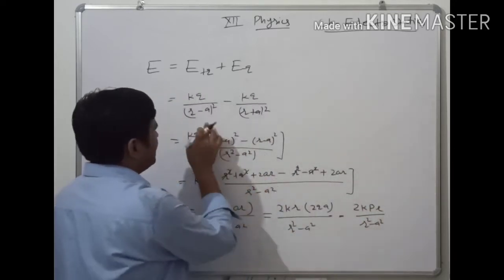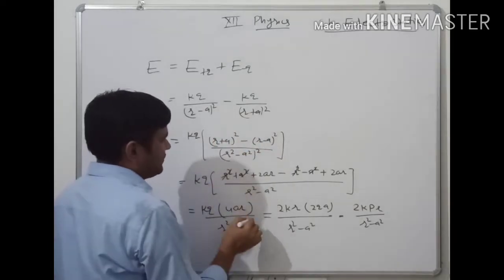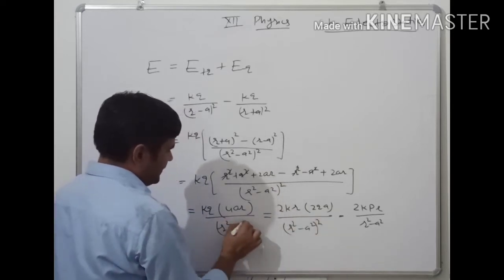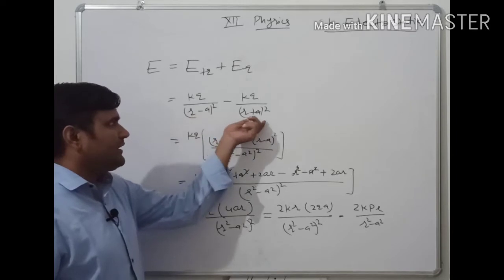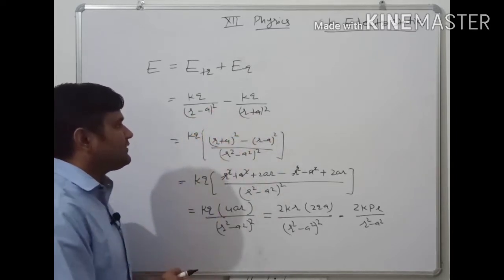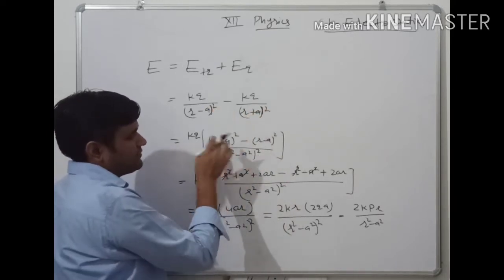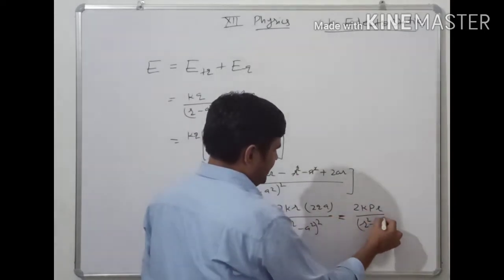Now the next formulation: (a minus b)(a plus b) is a square minus b square, and the whole square. Earlier we used the formulation (a minus b)(a plus b); now both the terms have the square, that's why we convert it into (r square minus a square) whole square.